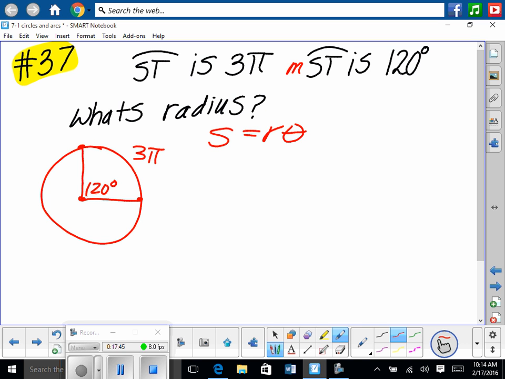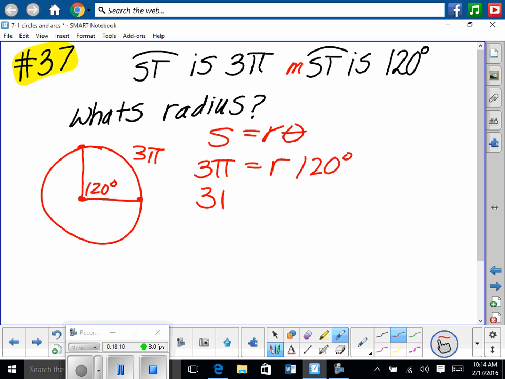S is equal to the radius times theta. So we know S is 3 pi, equal to the radius times theta. Theta is 120 degrees. Radius isn't in degrees, is it? No. So we need to change this to radians. What is 120 degrees as radians? 2 pi thirds. Because radius is a physical length, not a degree.